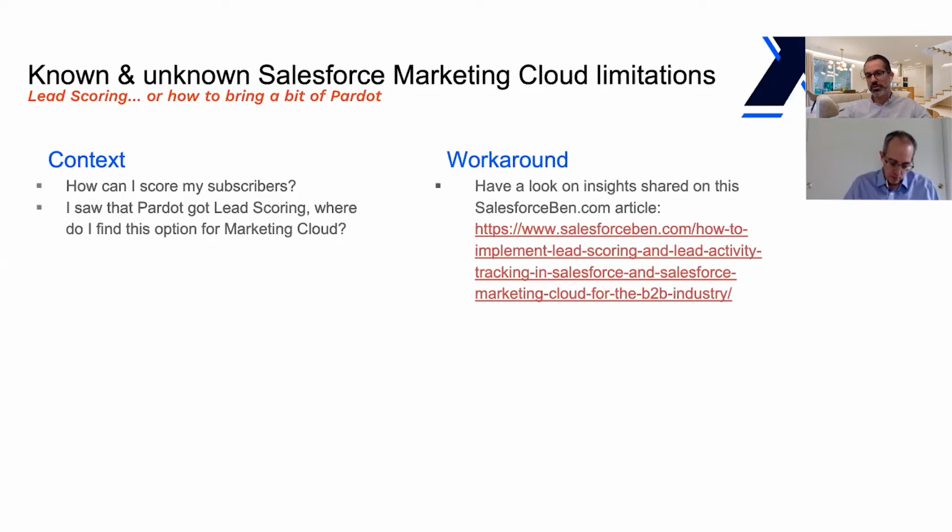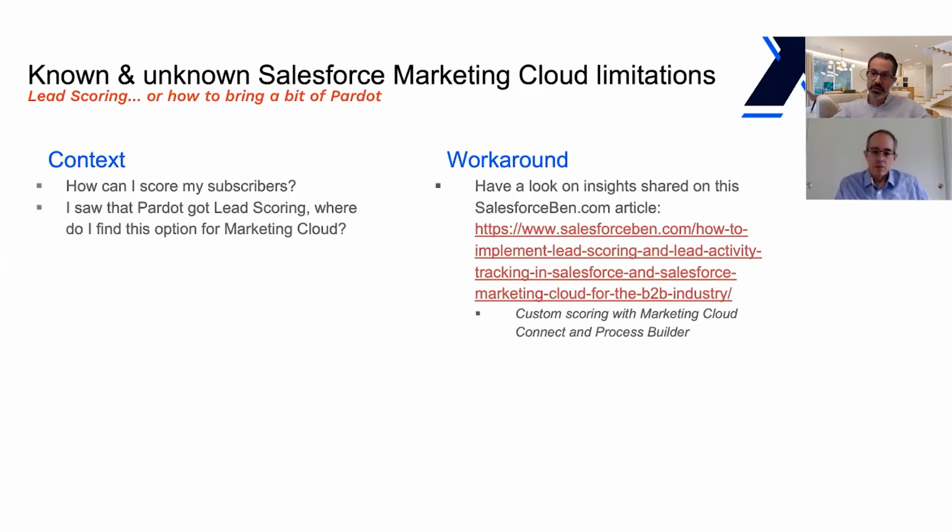Actually, with some people, we thought about it before, so you can have some insight in this blog post on salesforceban.com. The first option is that you can build a custom scoring on Sales Cloud using Marketing Cloud Connect. Marketing Cloud Connect will send information to Sales Cloud, like how many emails you have opened, how many clicks you've made on the emails, how many interactions.